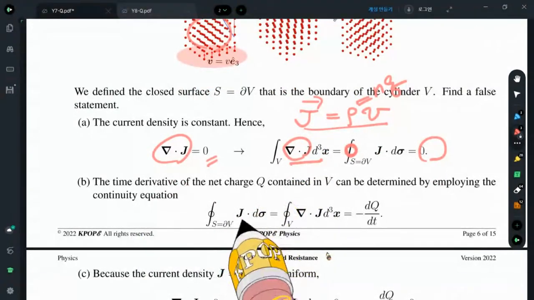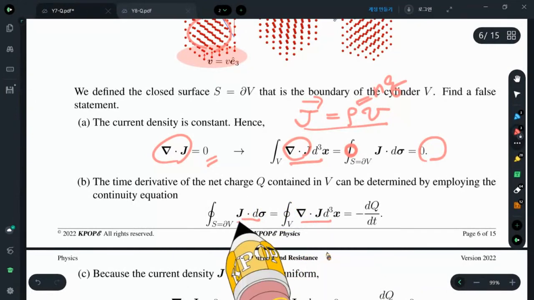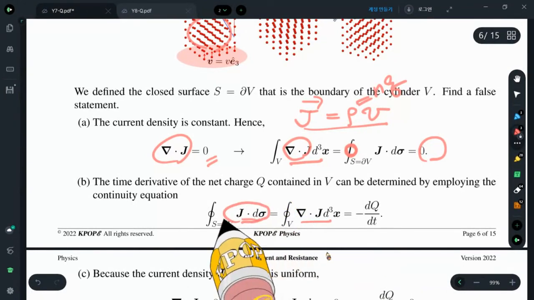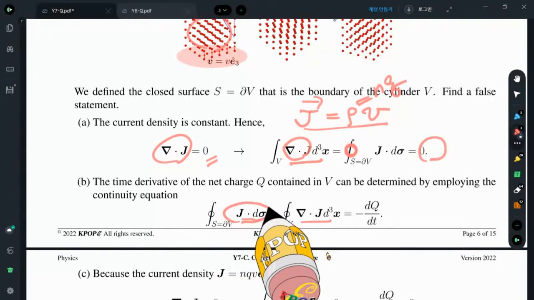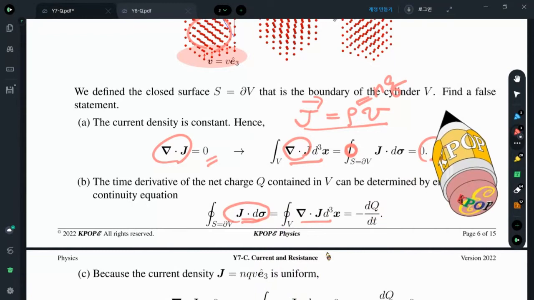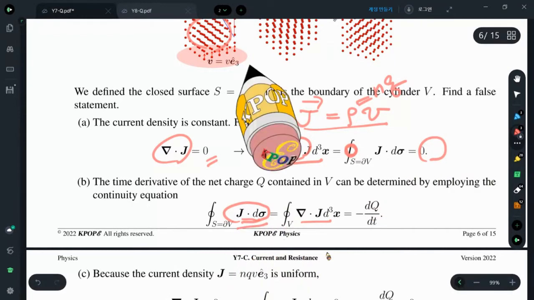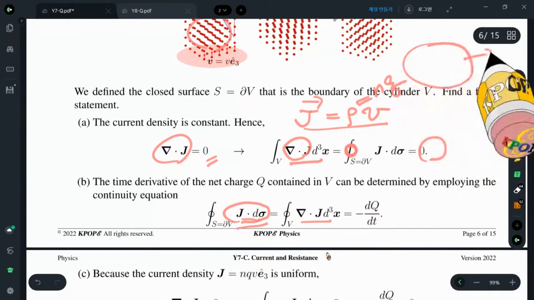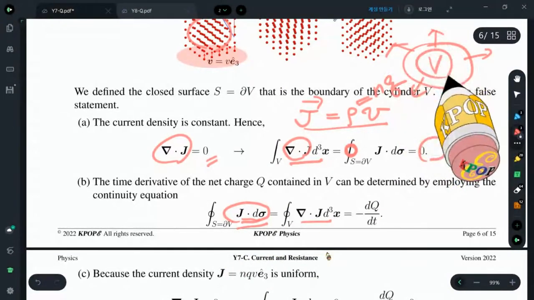Yeah, let's see. This one, that is the same. And this one represents the amount of charge per unit time passing through the closed surface from inside to outside, right? Because current flows out of this volume.